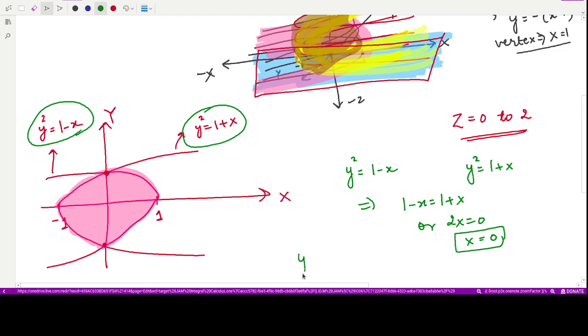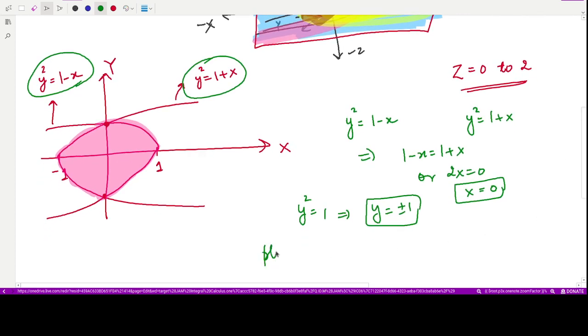And what is the value of y? If you substitute x is equal to 0, you have y square is equal to 1. So that will give you y is equal to plus minus 1. Therefore the two points of intersection are 0 comma plus 1 and 0 comma minus 1. So this point here is 0 comma plus 1, and this point here is 0 comma minus 1. So these are the points of intersection.